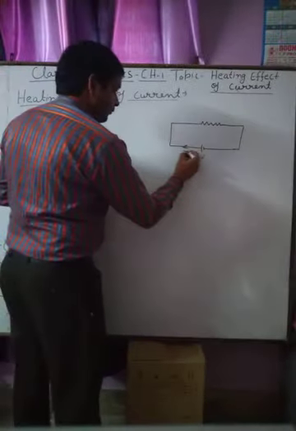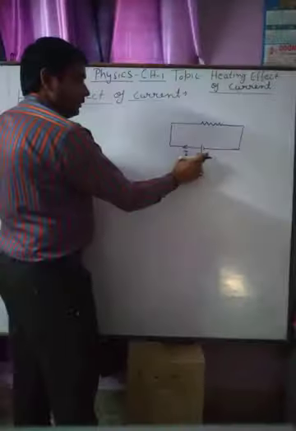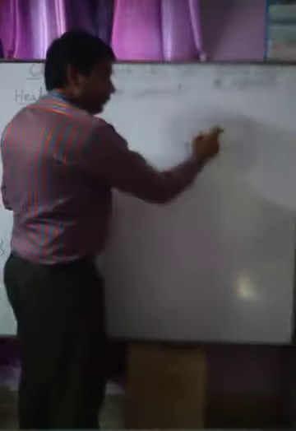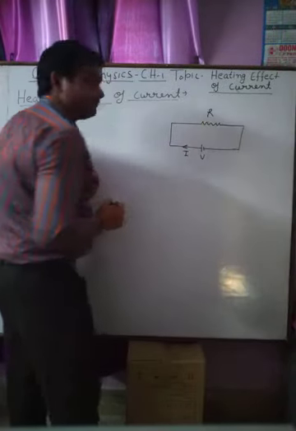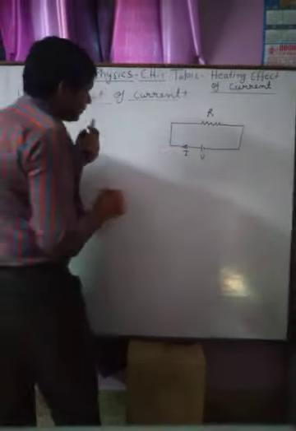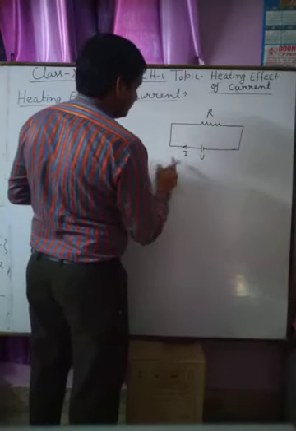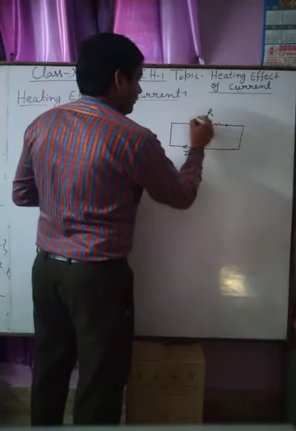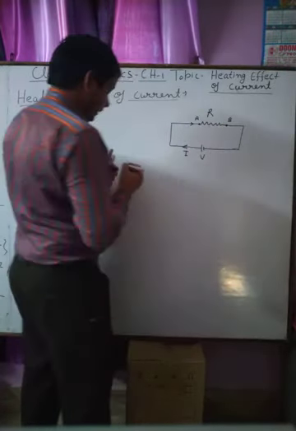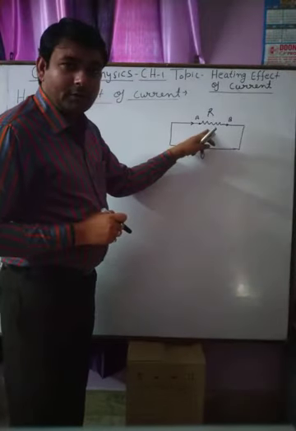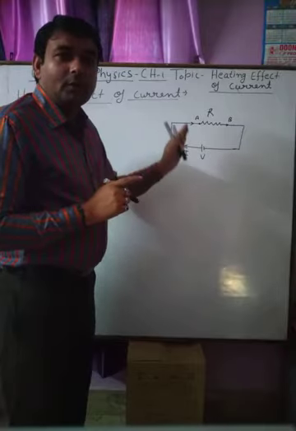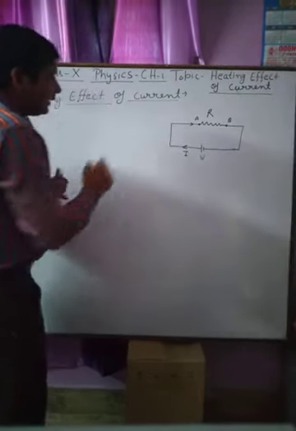When the circuit is complete, the current I is flowing through the battery due to the resistance R. Then it is observed that when the current is passing from point A to B, due to this resistance, the heat produced by the current is more.